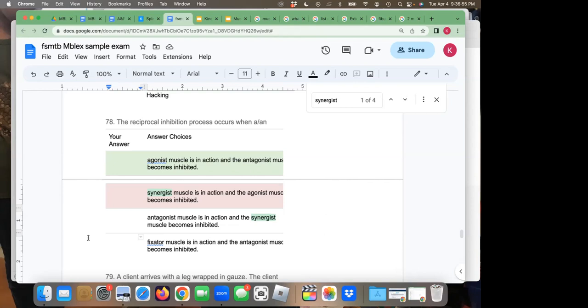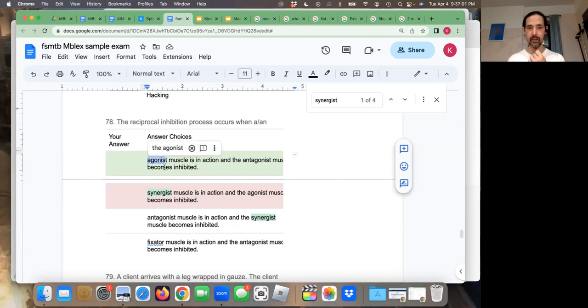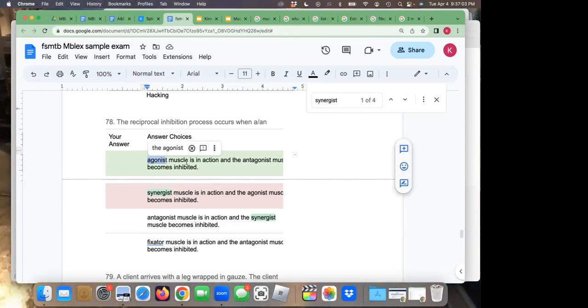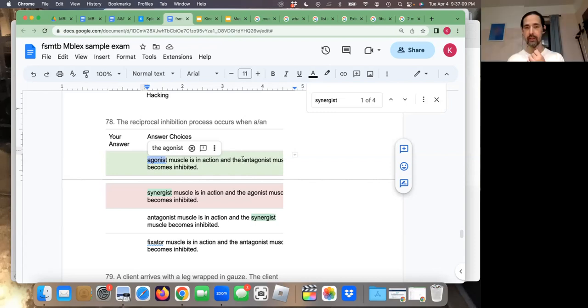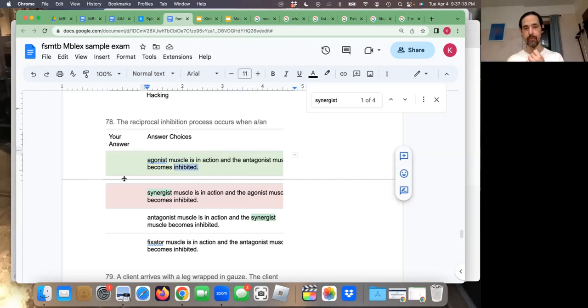A. When the agonist muscle, can you read this for me, Mint? Agonist muscle is in action. Good. And the antagonist becomes what?